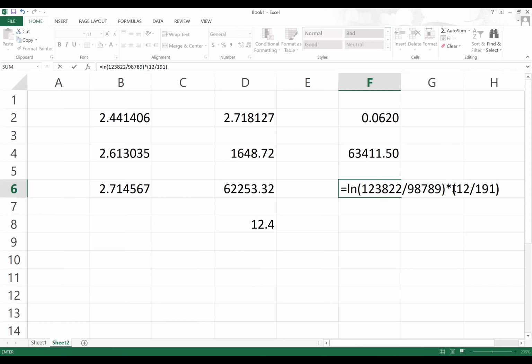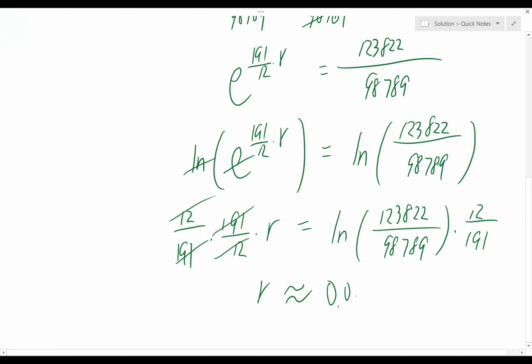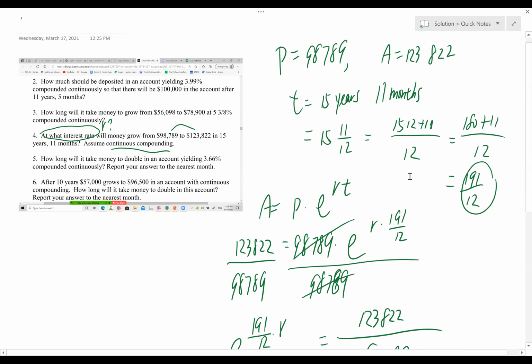That's the proper input. Once you hit enter, you get a result. Let me double check the number one more time. Okay, the number is good. Here you go, so the answer is 0.0142. We keep it at 4 decimal places. 0.0142 is the rate we're looking for. So that means it's 1.42%, compounding continuously. And yeah, that's really what we're looking for.